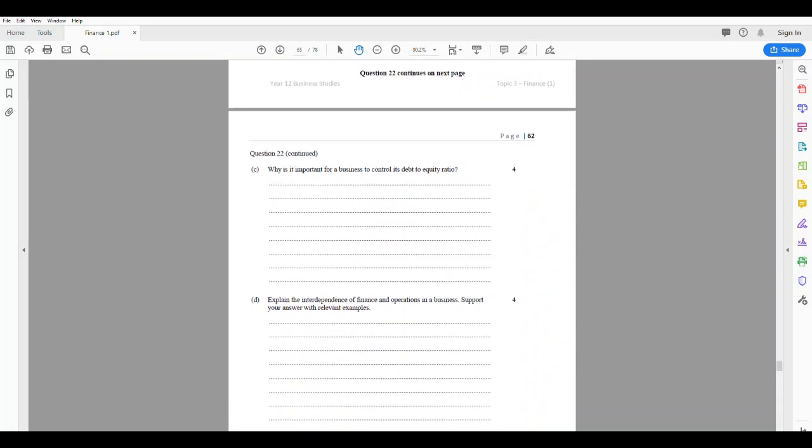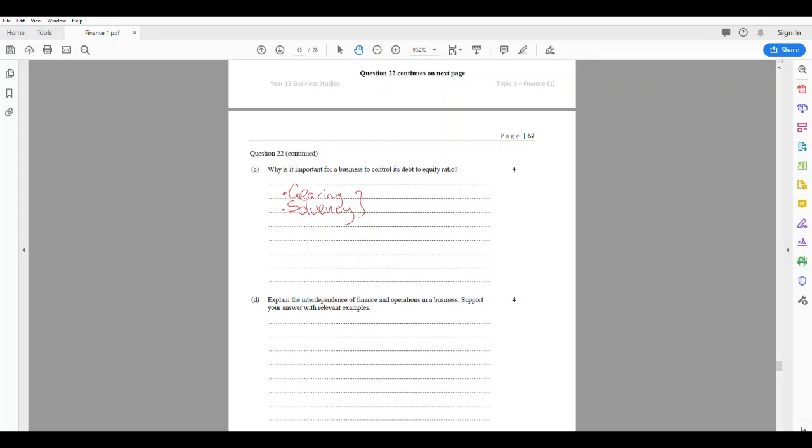Now, here is your ability to interpret. What does a debt to equity ratio really mean? Really, we're looking at our gearing and our solvency. So we've got to break this down. What would that really mean and why is it important?